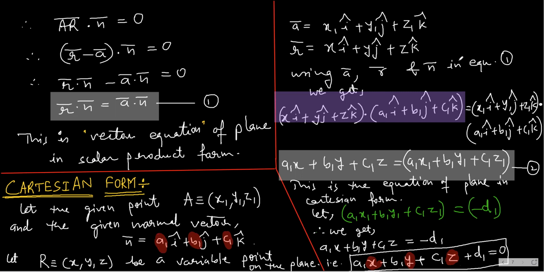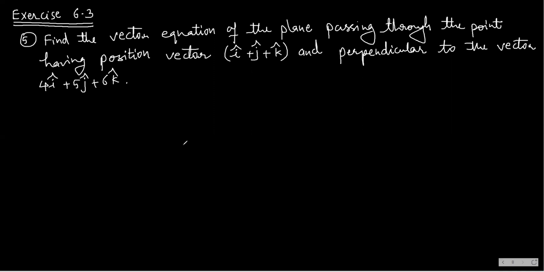And learn it. So now let us solve a problem on the concept that we just covered. Here I have a question which says, find the vector equation of a plane passing through the point having position vector.